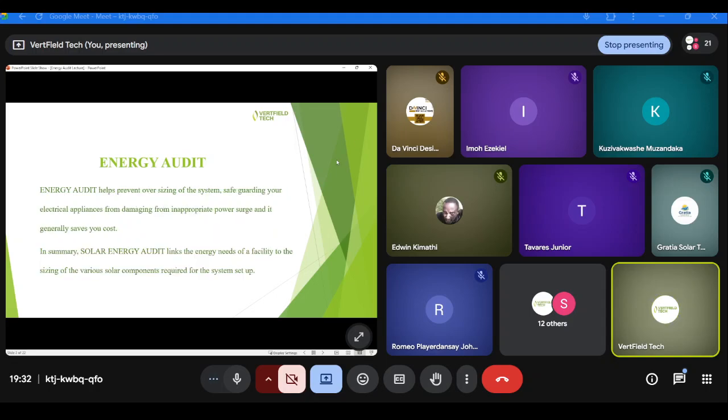So energy audit helps prevent oversizing of the system, safeguards your electrical appliances from damage from inappropriate power surge, and generally saves you cost. Here, you can see that energy audit does basically three things for you.